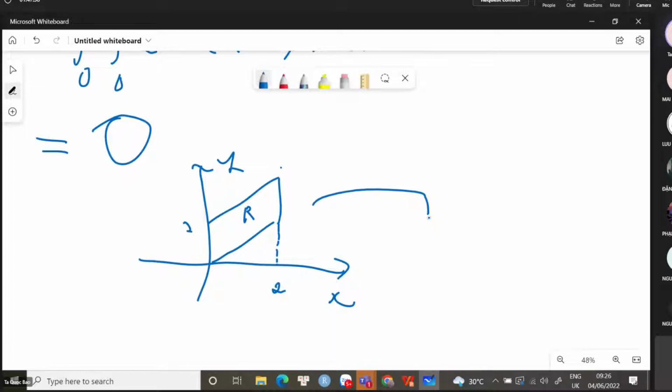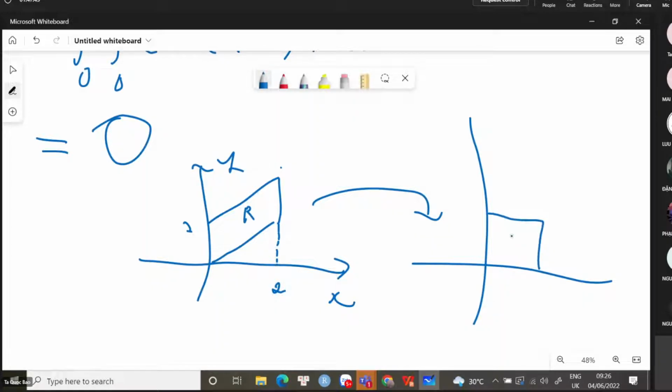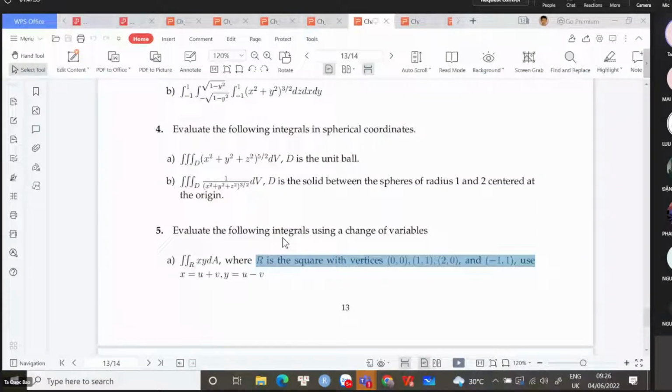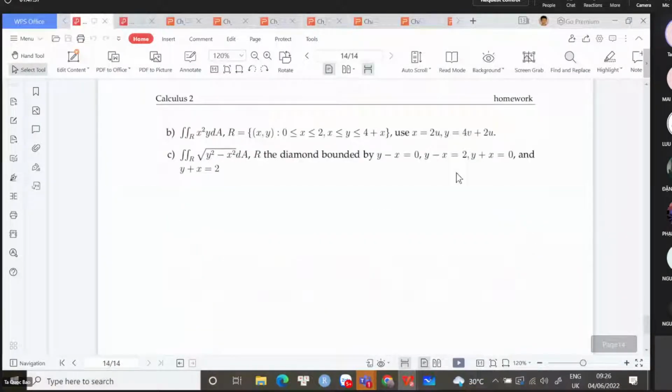Now it becomes this one. S is a square with sides 1 and 1, in u and v, obtained by changing the variables like this.